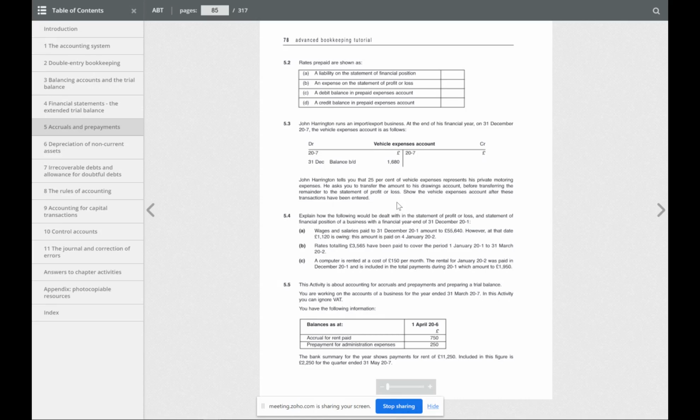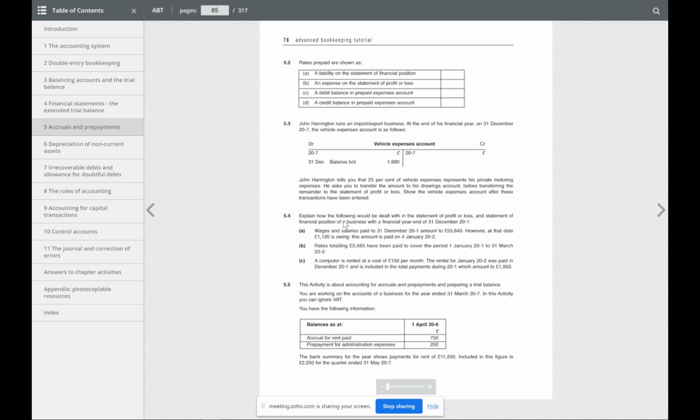So for this year, we will debit this 1,120 in the statement of profit or loss and credit 1,120 in the statement of financial position. This is what comes to the extended trial balance.